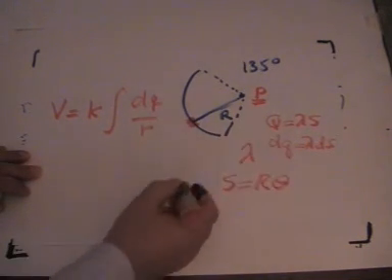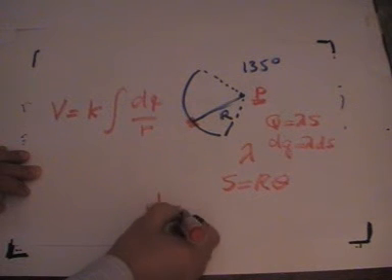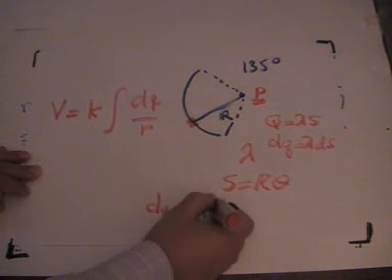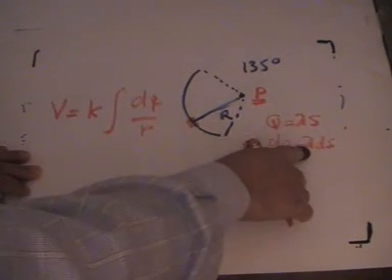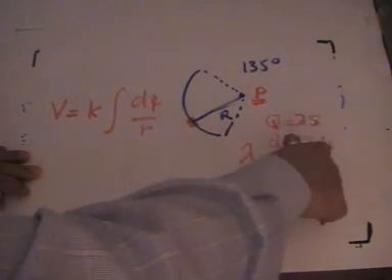So my dq, as we've done before, is lambda r d theta.